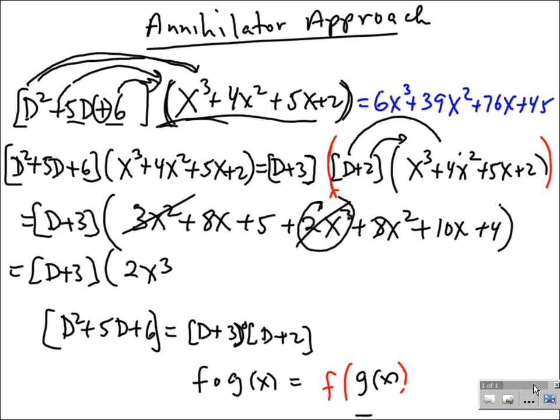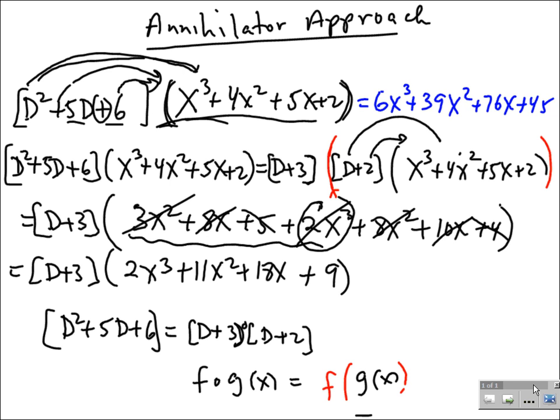That's 3 here and 8 there. That's 11x squared. And here I have 10 x's plus 8 x's. That's 18 x's. And then 5 plus 4 is 9. And I just look to see if I crossed off everything in there, and I did.